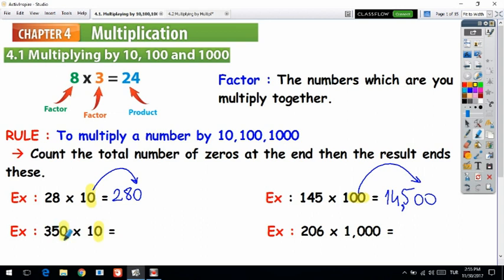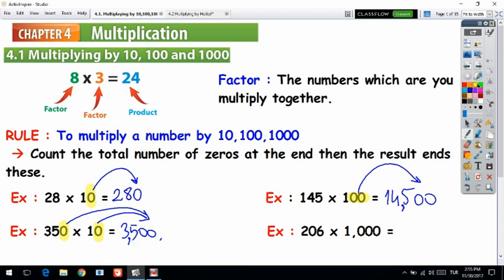Now what number is left? 35 and 1. 35 times 1 is equal to 35. Now, how many zeros do we have at the end? We have 2 zeros, right? I bring them here. 1, 2, then comma. So the answer is 3,500.